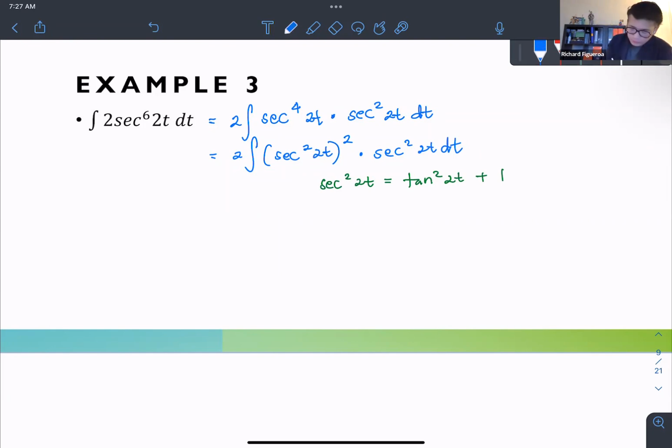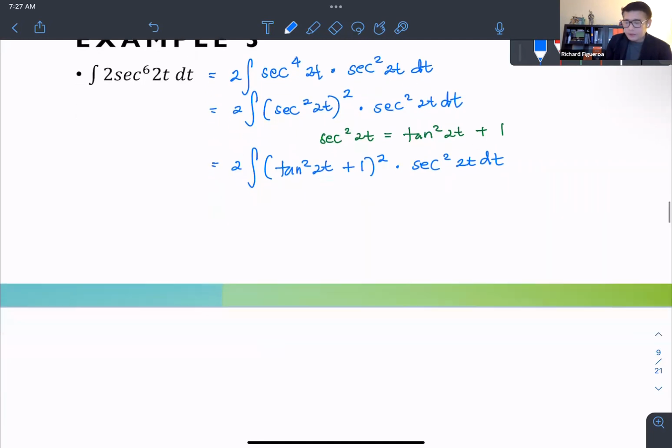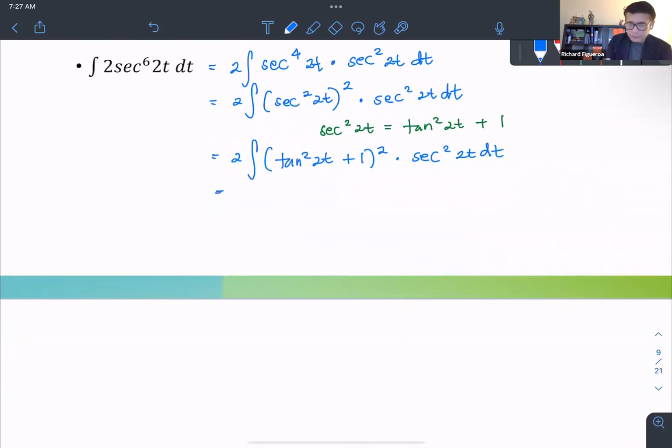Then we substitute. So 2 times the integral of tangent squared 2t plus 1, raised to 2, multiplied with secant squared 2t dt. Afterwards we need to expand, because there's a raised to 2 there.